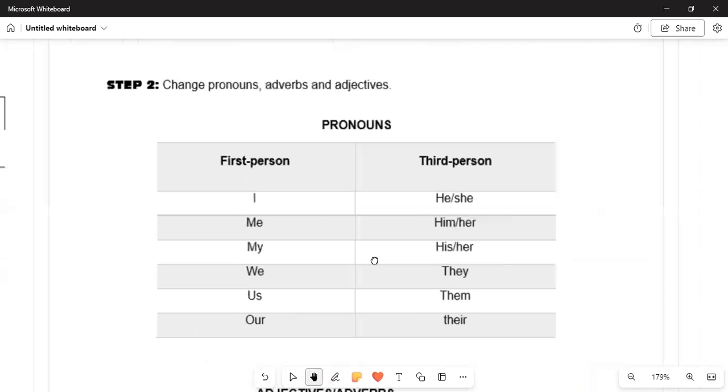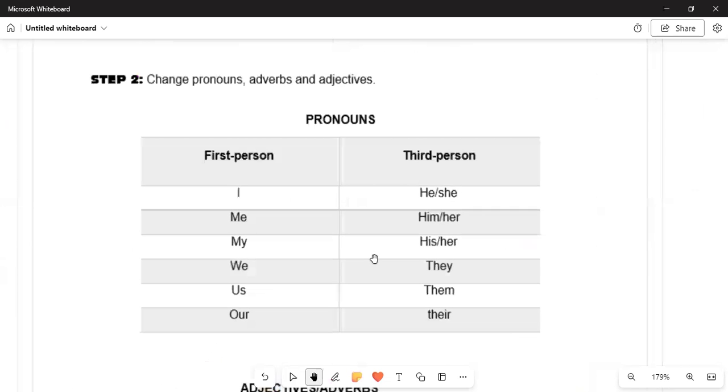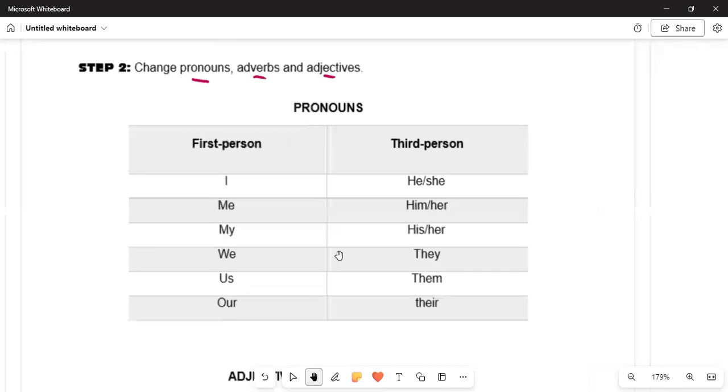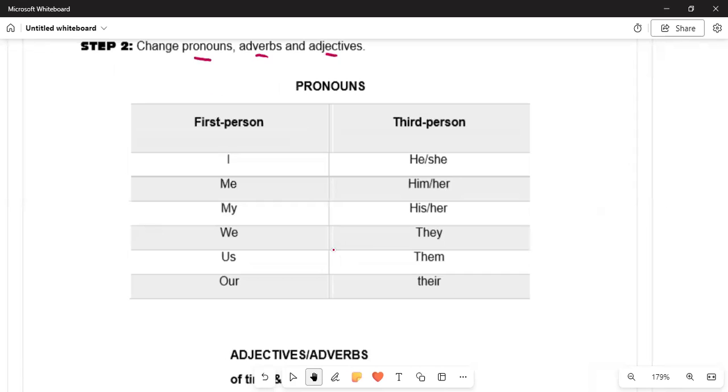Okay, so let us see more. What do you do? You change the pronoun. A pronoun is a word used in place of a noun, and then there are the adverbs and the adjectives. We have done that in our previous videos; you can refer to adverbs and adjectives. So here are examples, pronouns. The first person: I want to buy a cake.